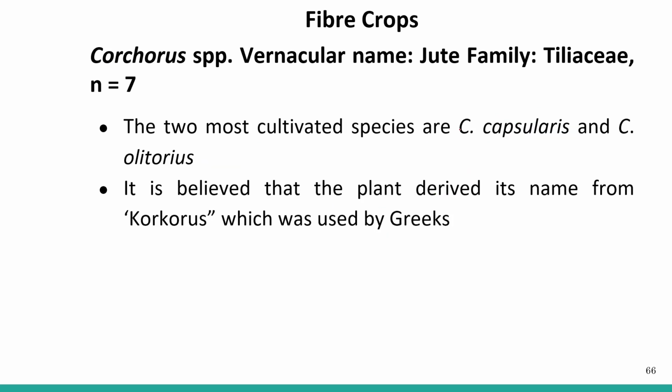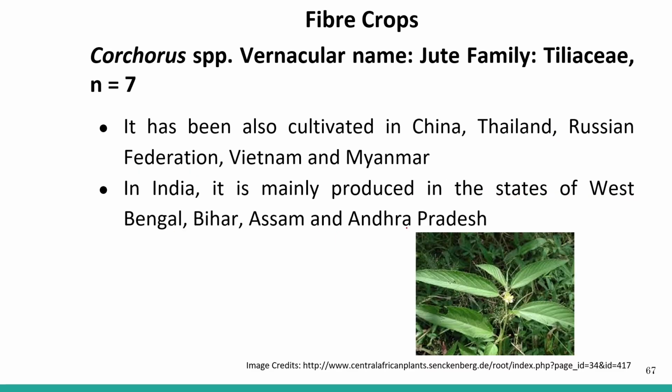The two most cultivated species are Corchorus capsularis and Corchorus olitorius. So these are the two main cultivated species. It is believed that the plant derived its name from Corchorus, which was used by the Greeks. It has also been cultivated in China, Thailand, Russian Federation, Vietnam and Myanmar.